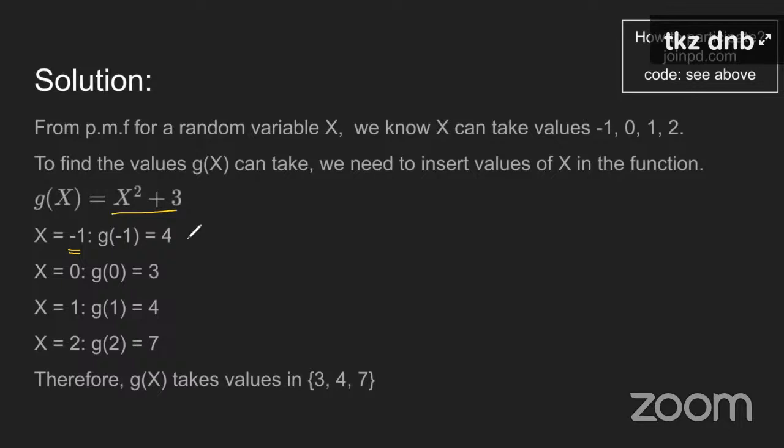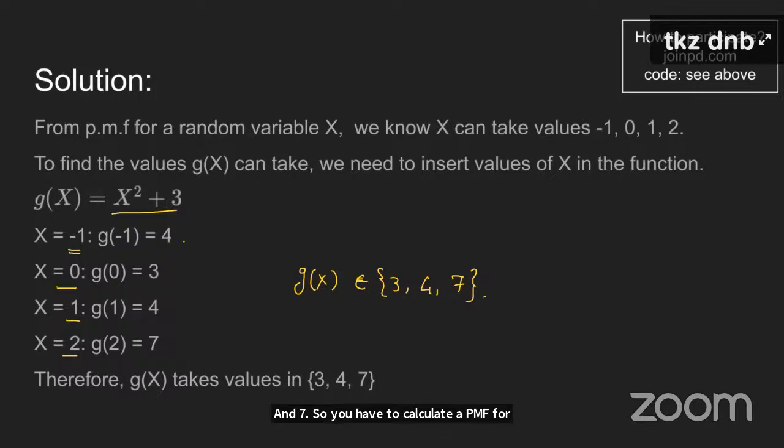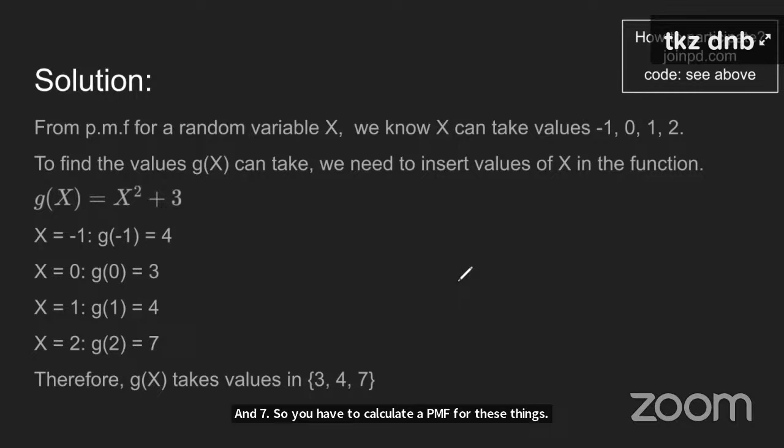So it will be 1 plus 3, which is 4, right? Similarly, we will calculate for x equal to 0, 1 and 2. So your g of x can take only 3 values, which are 3, 4 and 7. So you have to calculate the PMF for these. How will we calculate?